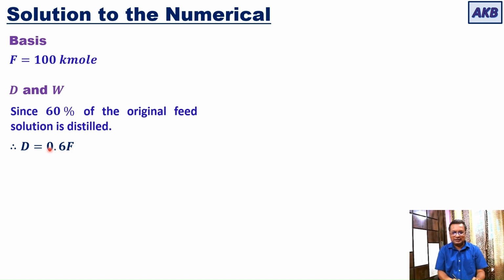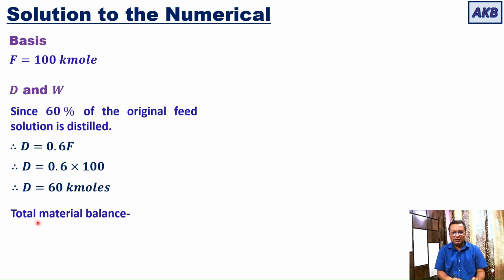And 60% in fractions is 0.6. We have chosen the basis of 100 kilomole, so you can easily calculate D. Therefore D is equal to 0.6 into 100, that is D is equal to 60 kilomoles.